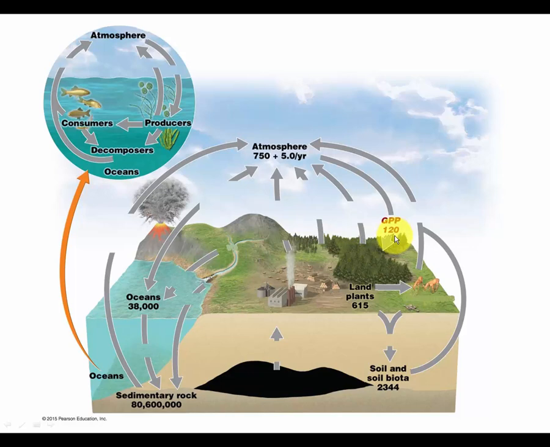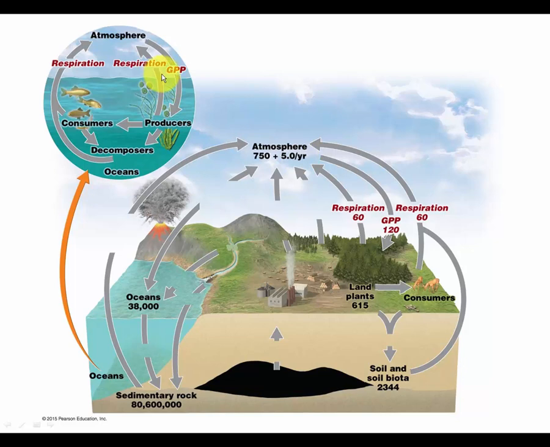And on Earth, this happens at about 120 billion tons every year. 120 billion tons of carbon is taken out of the atmosphere every year and locked up in the bodies of living plants. When consumers eat those land plants, or when the land plants burn energy, respiration happens. And respiration by consumers and the plants put together returns essentially all of that carbon to the atmosphere on net.